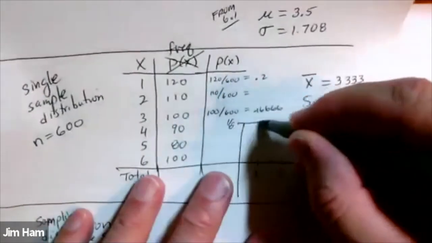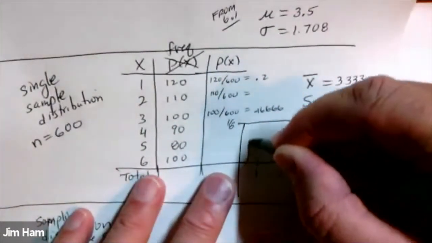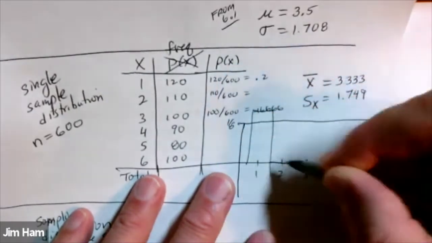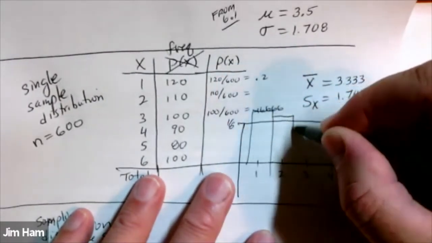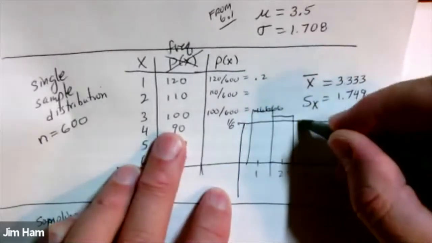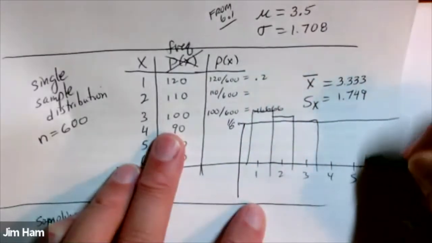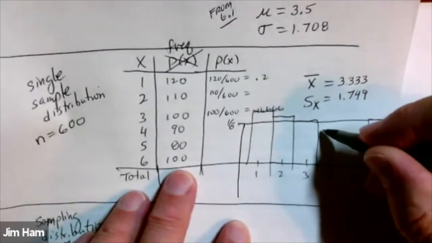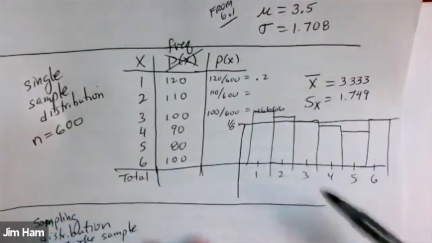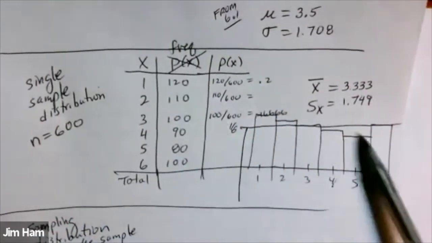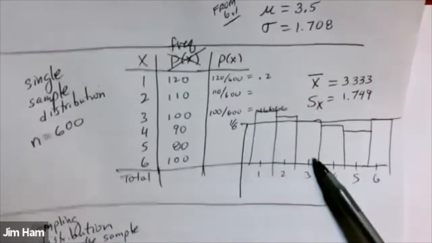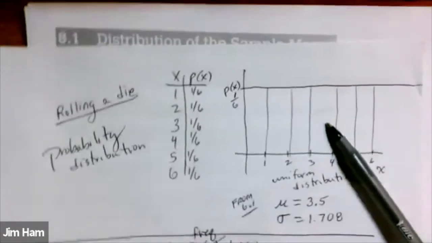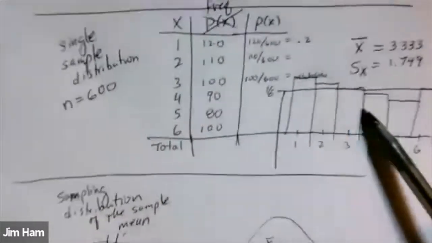Well, we would expect about 100, and so 1 would be up a little higher than that. 2 would be up a little higher than that. 3 would be right there, and 6 would be right there, and then 4 and 5 would be a little bit lower. So that's what all these rolls would look like. It doesn't quite match the theoretical probability graph, but it's close.